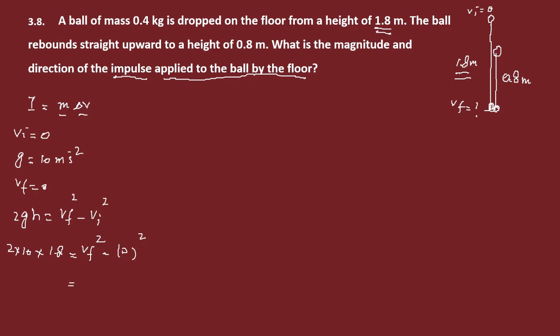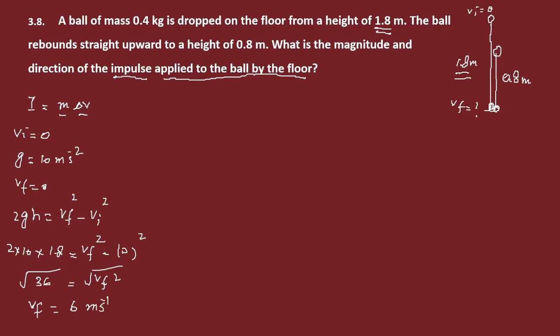Multiplying 1.8 into 2 and 10, we will get 36, which equals Vf squared. Taking the square root on both sides, we have the final velocity with which the ball strikes the ground as 6 meters per second.